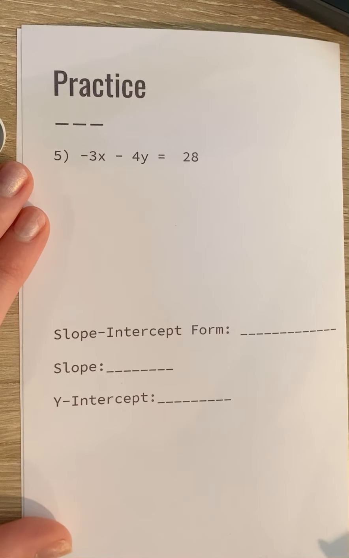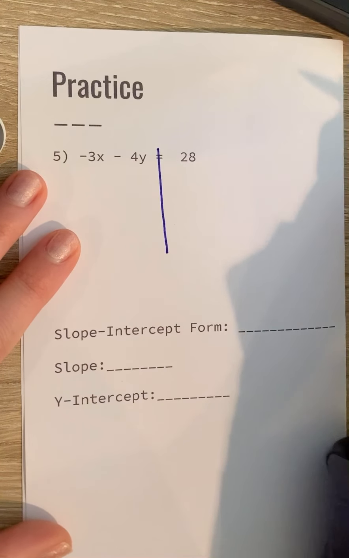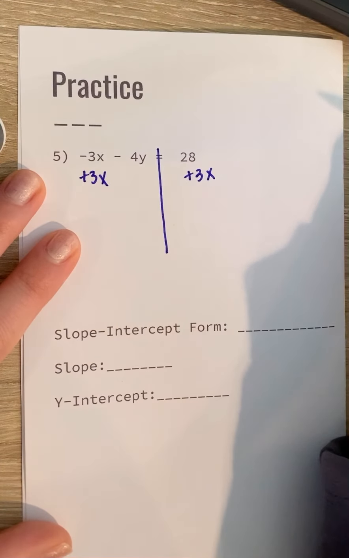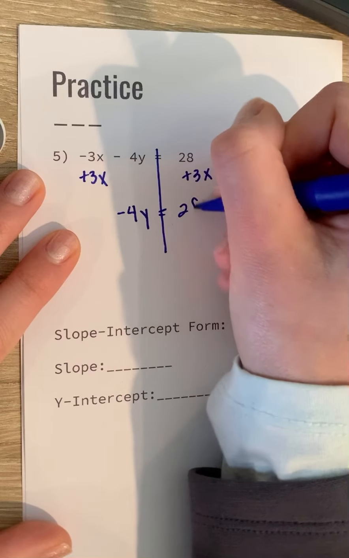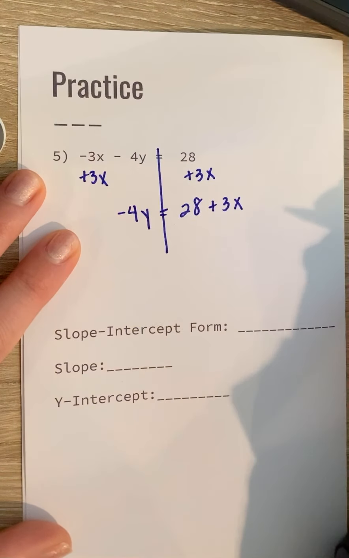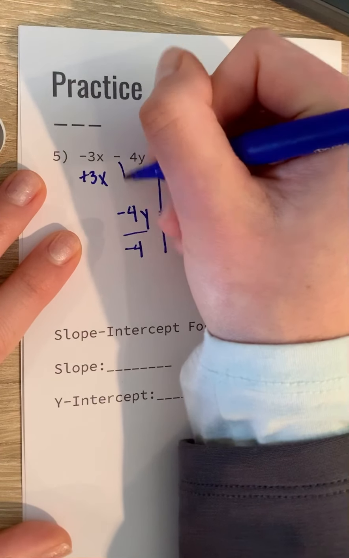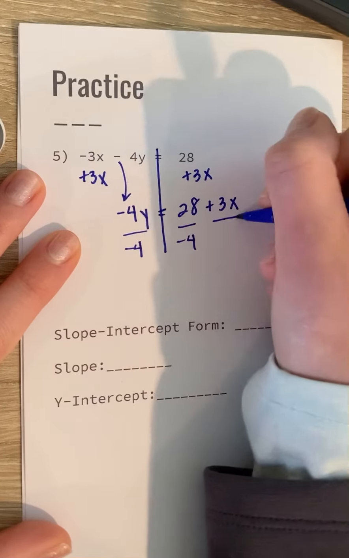I'm going to go through one last one here. Again, we want to get the y by itself. So I'm going to add 3x over to the other side first. I get -4y equals 28 plus 3x. And then I'm going to divide, and notice that I brought that negative with. Don't forget that. I'm going to divide each term by -4.